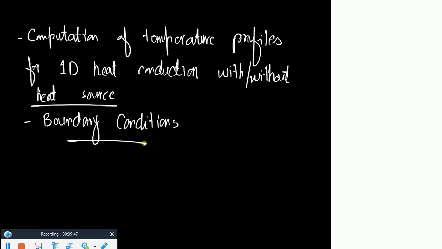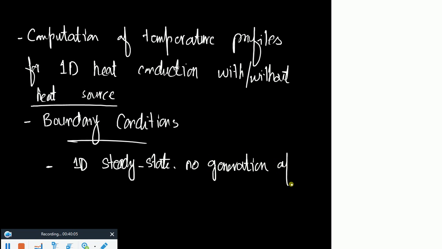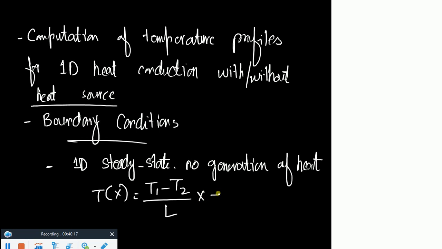Okay. For example, if I use the simplest one again, 1D steady state, no generation of heat. What was the temperature profile? T1 minus T2 divided by L into x plus T2.